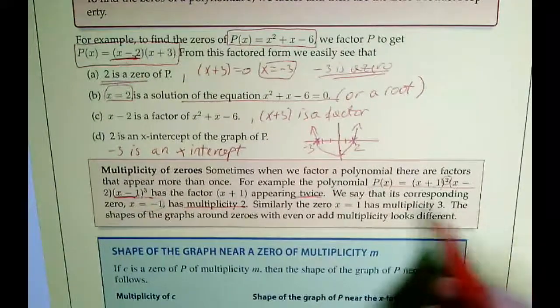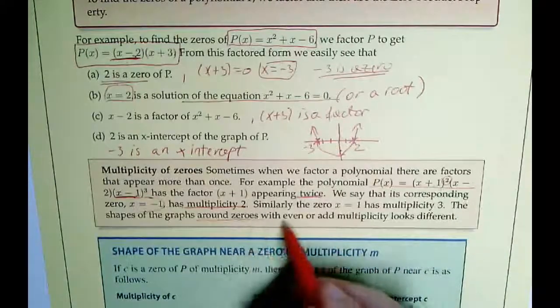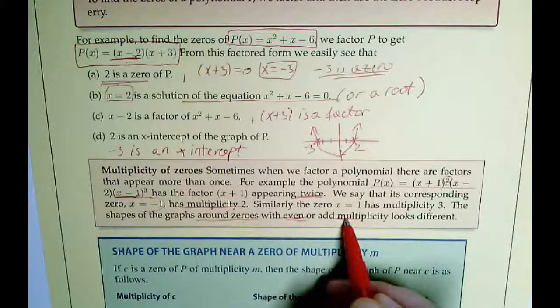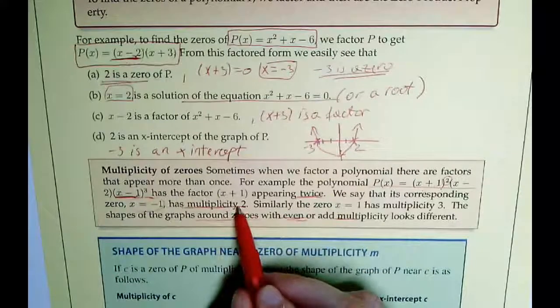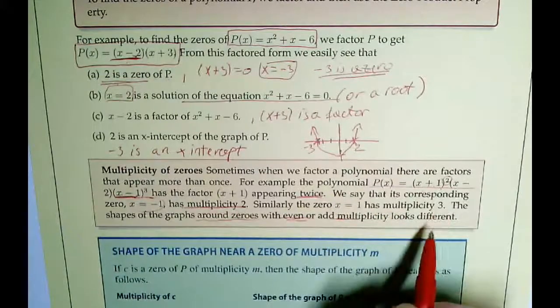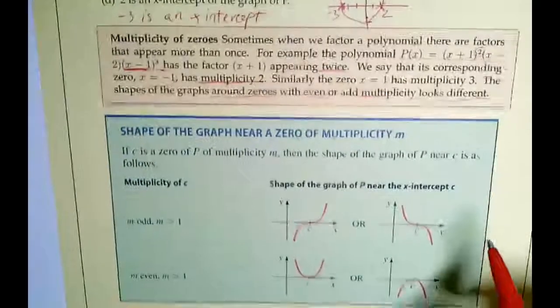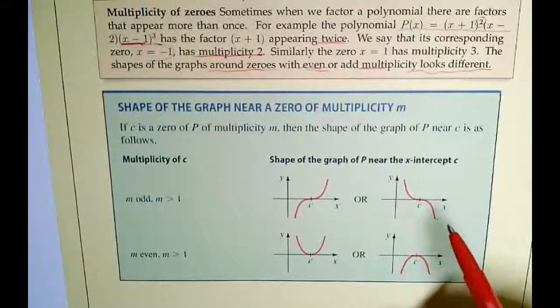So obviously the shapes of the graphs around zeros with even or odd multiplicity, so this one is an even multiplicity, this is an odd multiplicity, are going to look different.